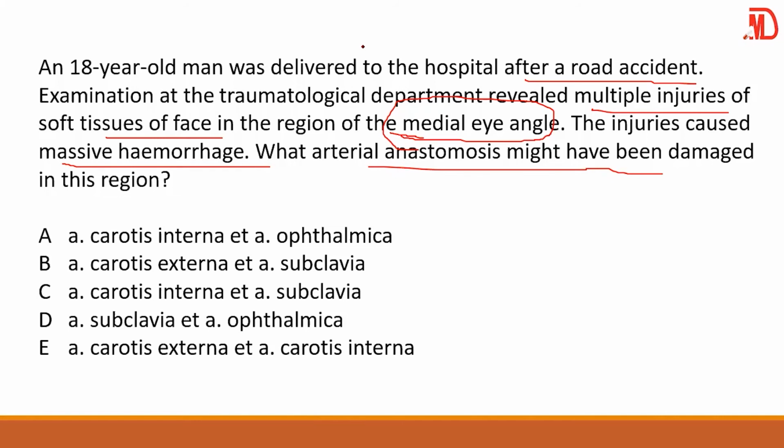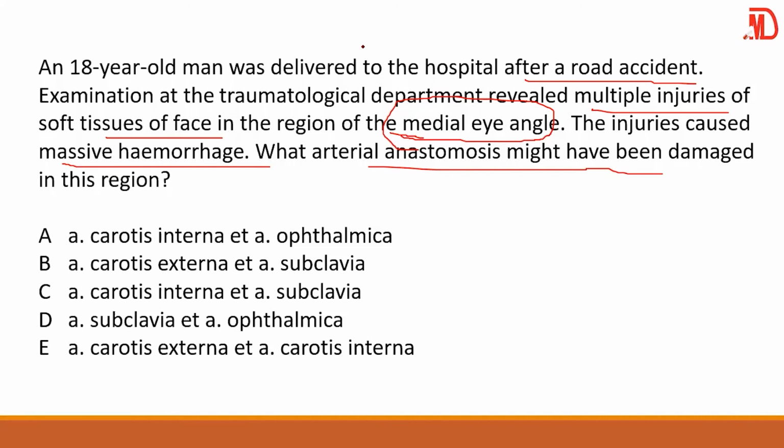So there's a hemorrhage, that means that place is affected. And what that artery does is that it undergoes anastomosis, or it joins the ophthalmic artery.